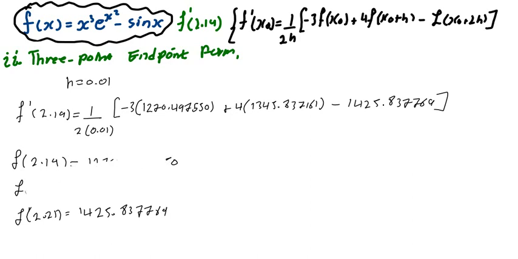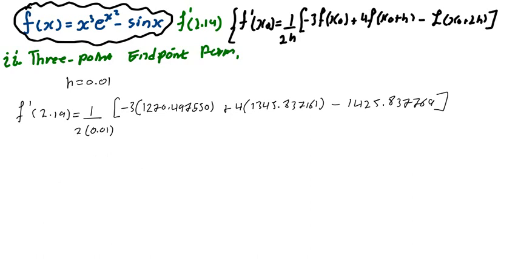Here you just have to punch all of this on your calculator. Then what you're going to end up with is something like 7300.91125. I hope you are saving all these values.